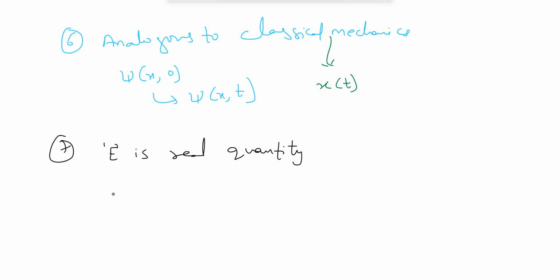Let's prove why that is the case. We know that H psi is equal to E psi, and suppose E is complex, we can write it in this form times psi.